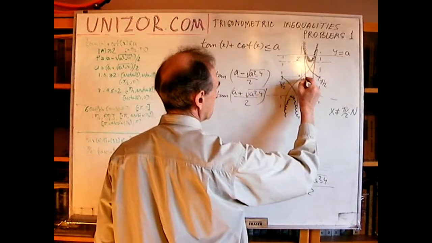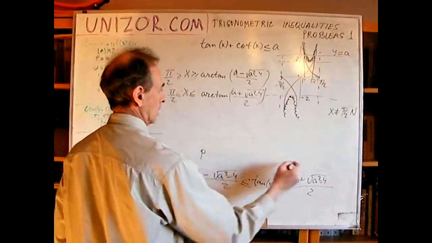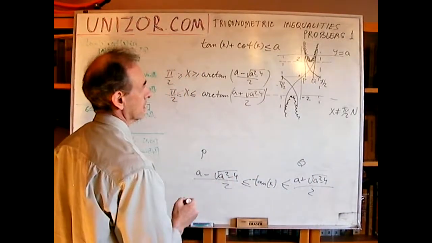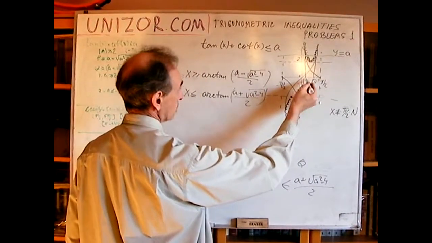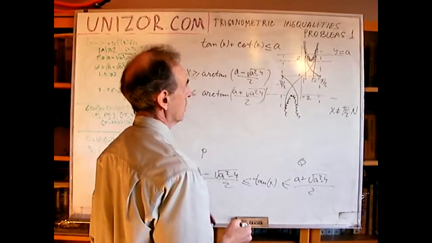Let's call them P and Q. So it's not really P, it's arctangent of P and arctangent of Q, right?